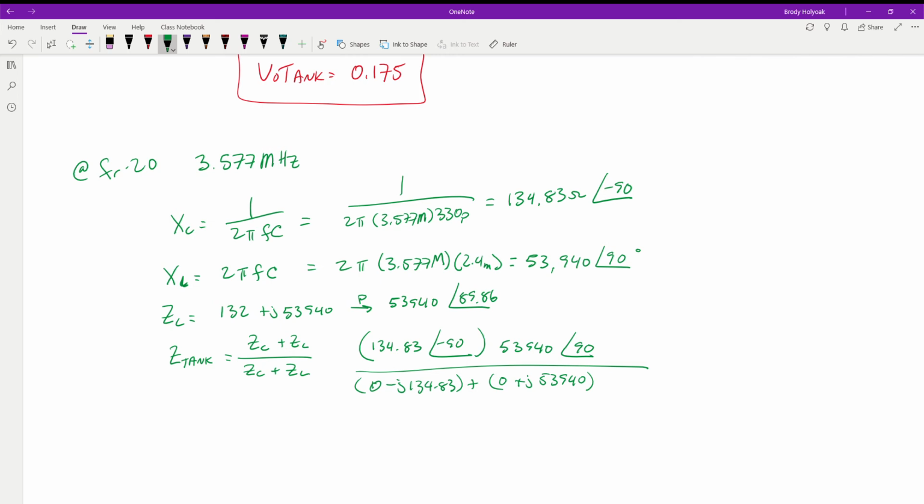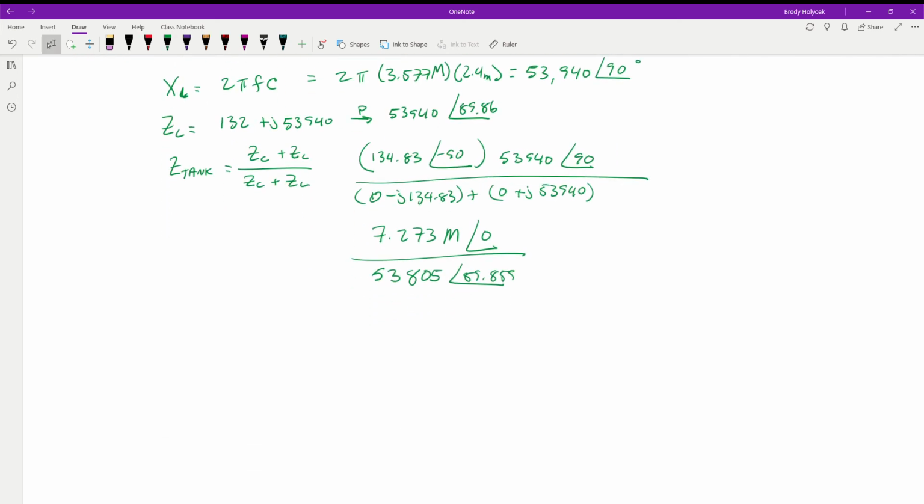We add those together, we convert it into polar. That is going to become 53,805. I'll go ahead and do this multiplication and get this converted, and we'll do this all in one step. So we have 7.273 meg at 0 degrees, divided by 53,805 at 89.859.